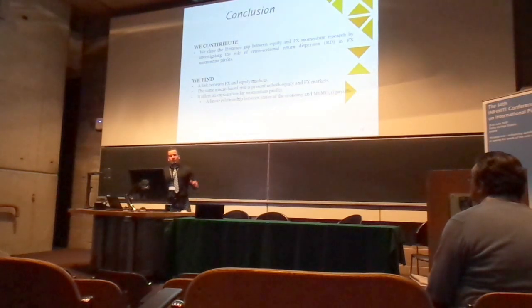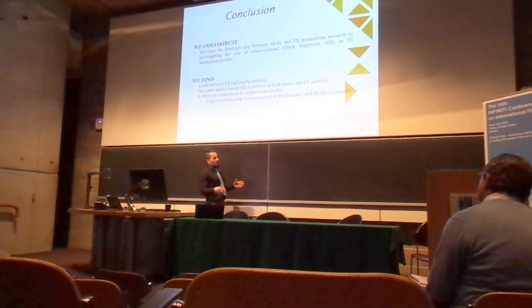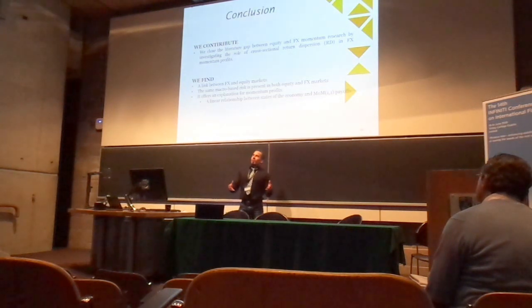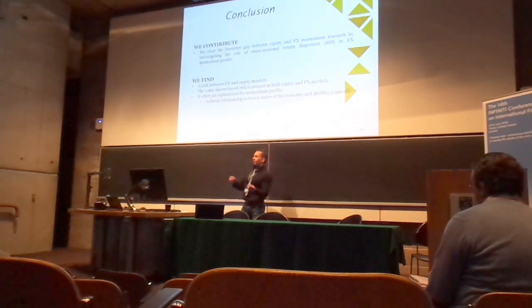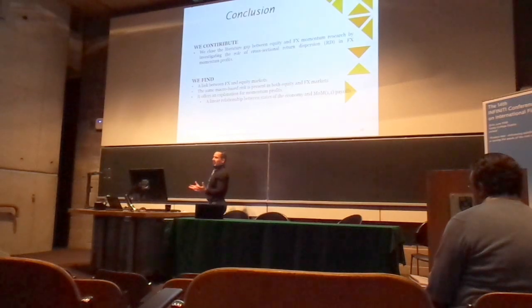So in our paper, we contribute by closing the gap in the literature, offering a risk-based explanation, or at least a partial risk-based explanation, for the momentum anomaly in currency markets.